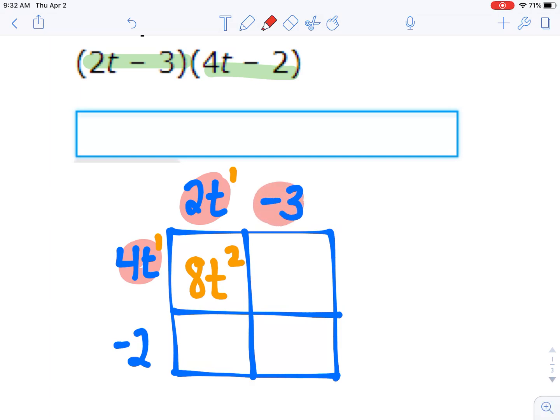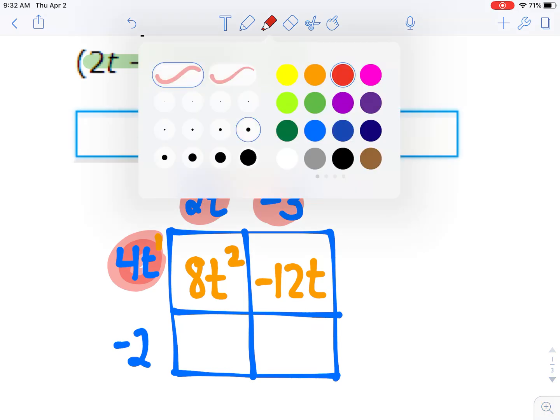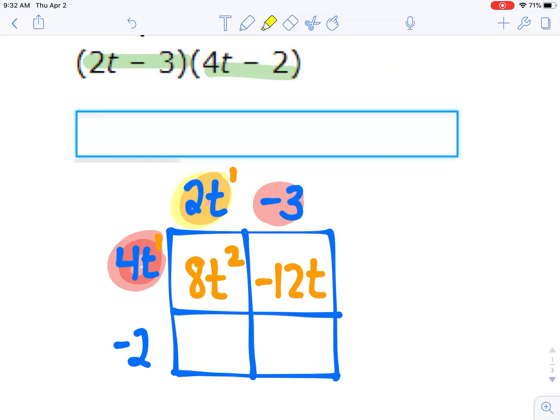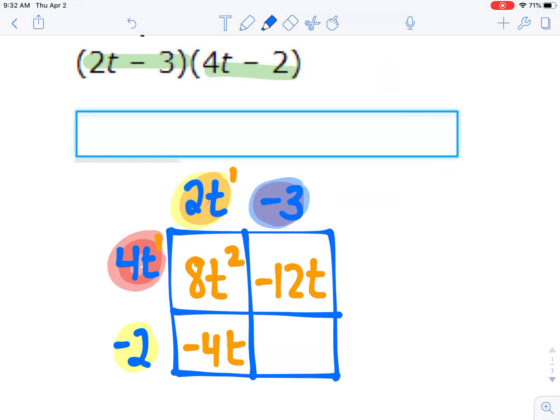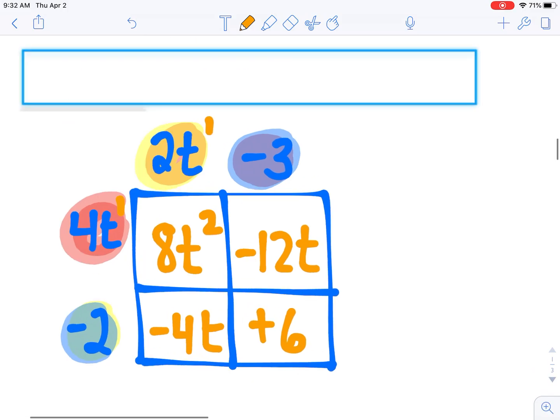Next, we're going to take -3 and multiply it by that 4t. And 4 times -3 is -12t. Next, we're going to take our 2t and multiply it by -2. And that's -4t. And then lastly, -3 times a -2 is a +6.